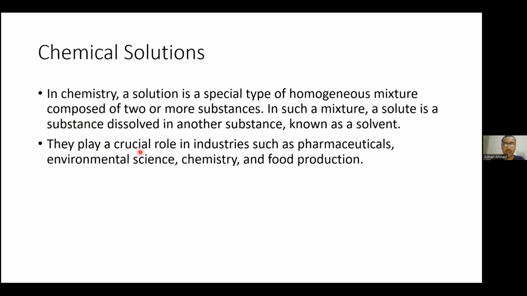They play a crucial role in industries such as pharmaceuticals, environmental science, chemistry, and food production. So this topic is very important industrially. Pharmaceuticals, what do we mean by pharmaceuticals? These are the companies that prepare and manufacture drugs that are used by many people when we get sick.